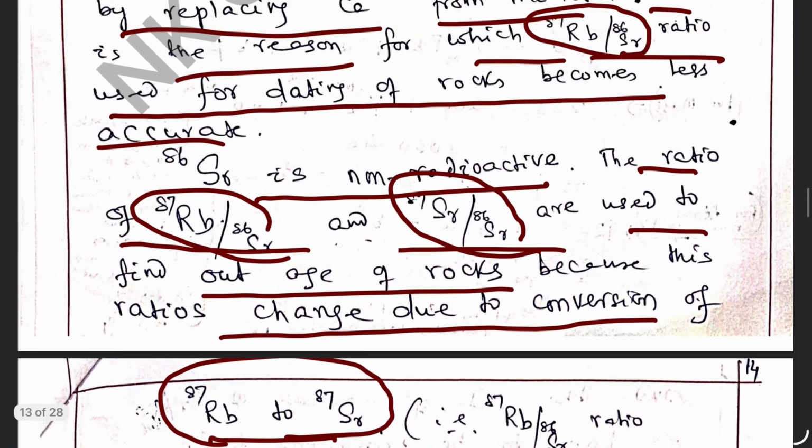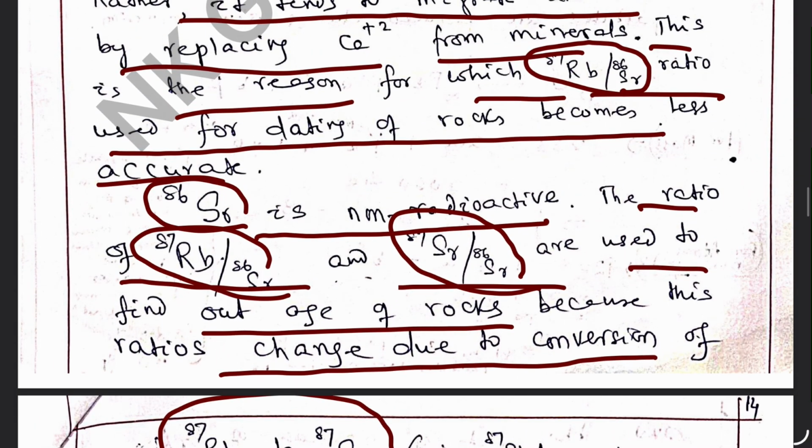I have already discussed that strontium-86 is non-radioactive. That's why, if we consider conversion of rubidium-87 to strontium-87, we can take the ratio of rubidium-87 by strontium-86 and compare it with strontium-87 to strontium-86.